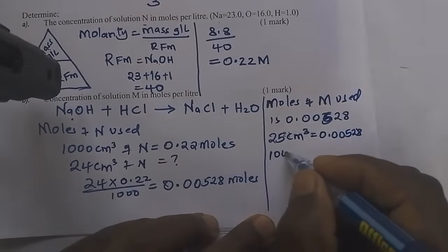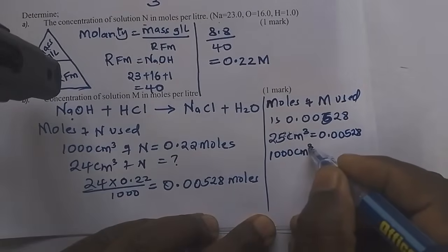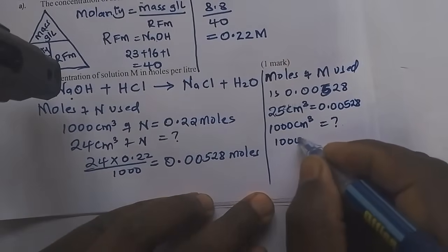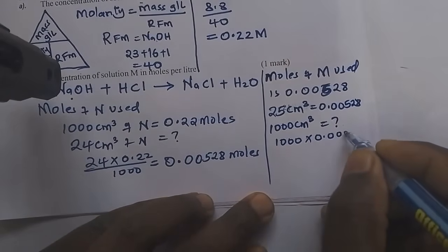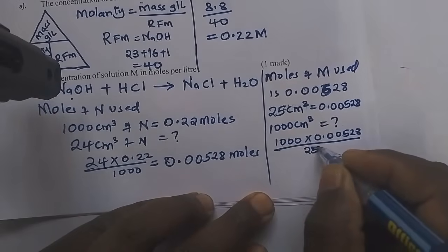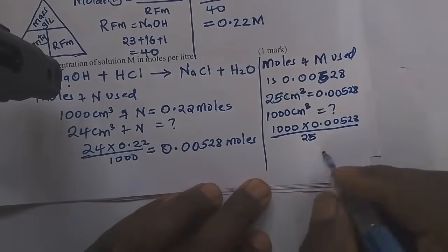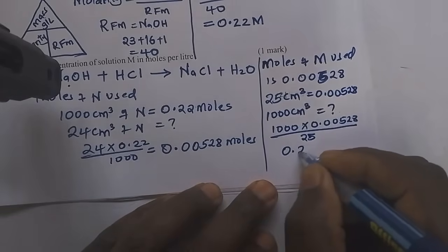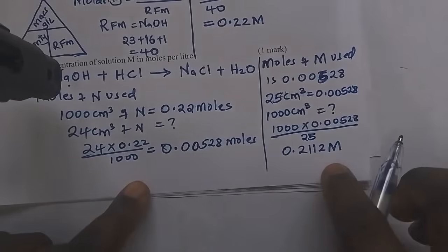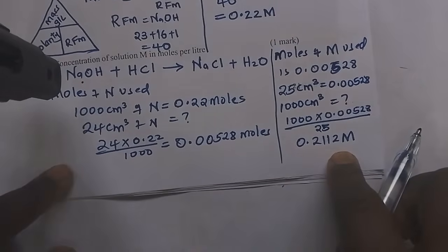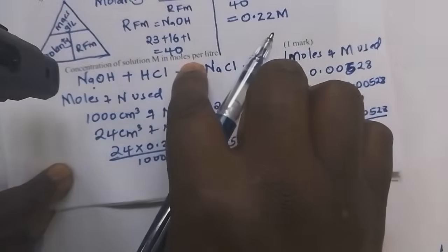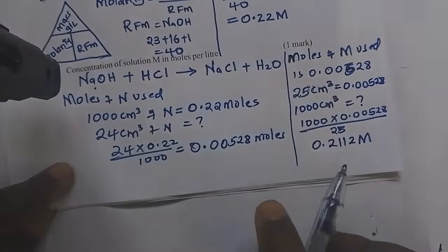What about 1,000 centimeters cube, which is a liter, will contain how many moles? Now it is 1,000 times 0.00528, you divide by 25. And this one will give us 0.2112. Capital M stands for the molarity. So this is the molarity of solution M. That is the concentration in moles per liter. It is called molarity.